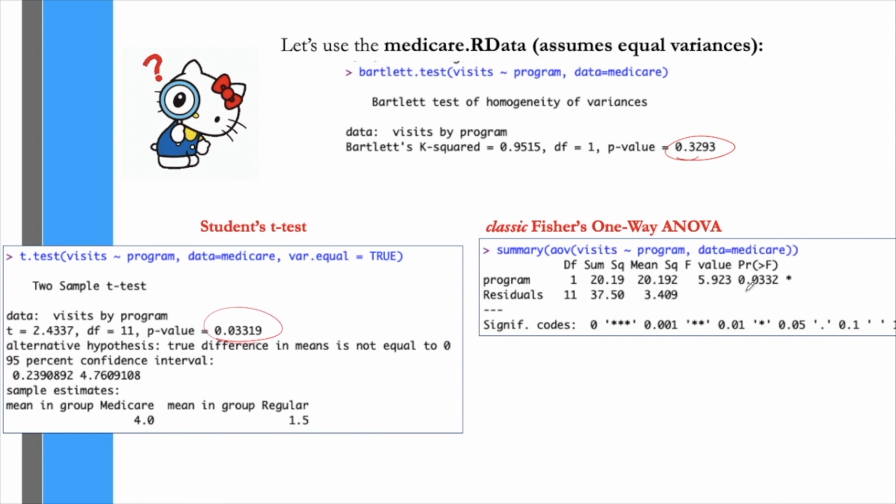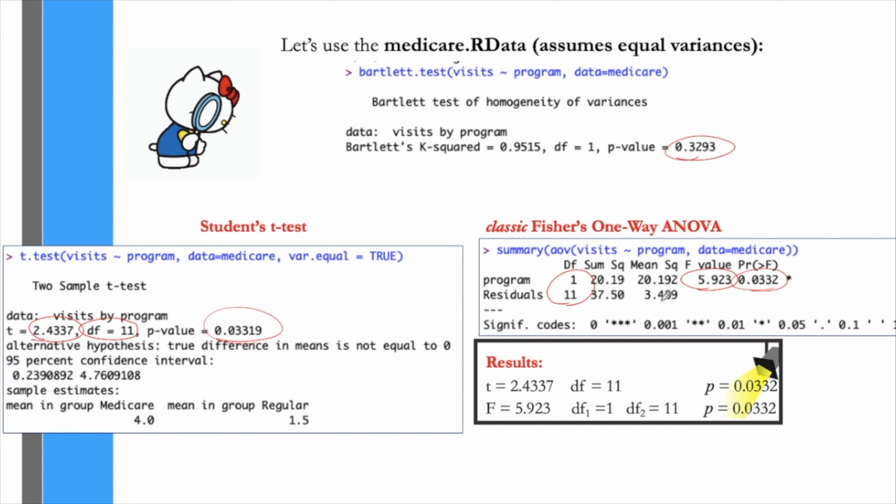Take a look at the p-value, the t-statistic, together with the f-statistic, and the degrees of freedom presented by the classic Fisher's one-way ANOVA. So to summarize, we have this t-statistic with df of 11 and p-value of 0.0332. We also have F as 4.5923 with df of 1 and 11 and p-value of 0.0332.